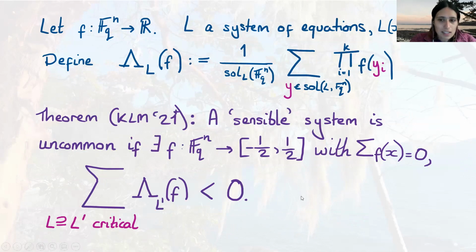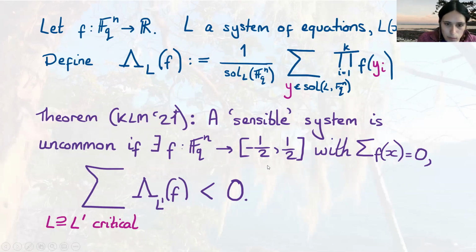It says that a sensible system is uncommon if we can find a function that sums to 0, where we're summing over F_q^n, such that, and this is the interesting thing, when you take the sum of this lambda L' (f) over all subsystems that we call critical subsystems, this is negative.